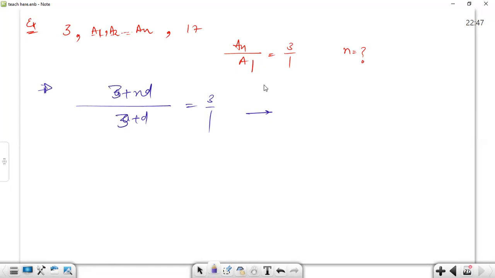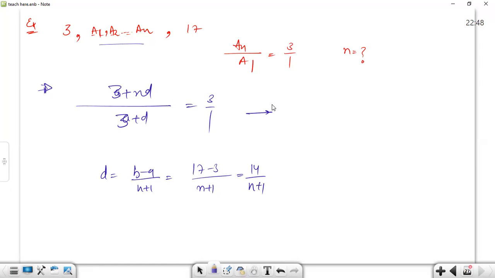And we also know what d is: b minus a upon n plus 1. B is 17, a is 3, so d is 14 upon n plus 1. We'll utilize this information whenever required.